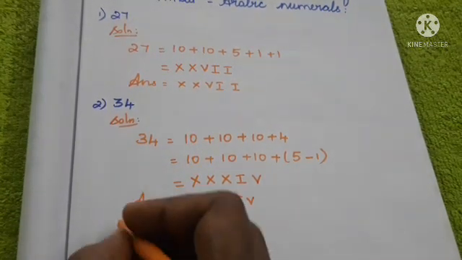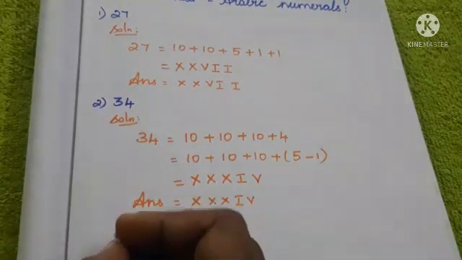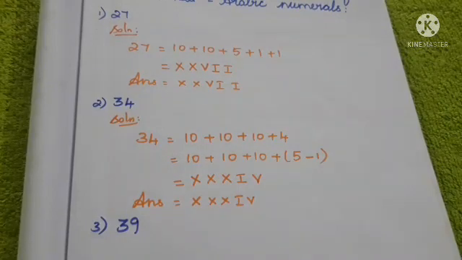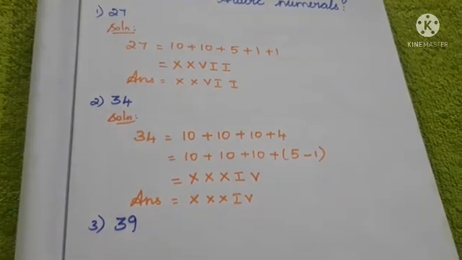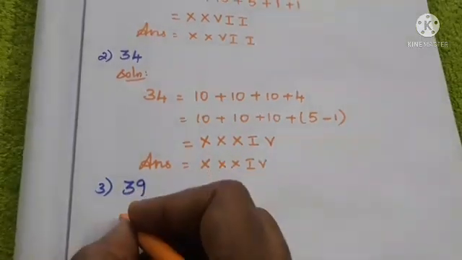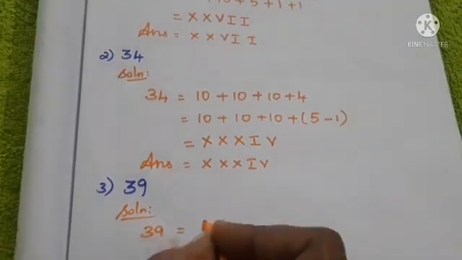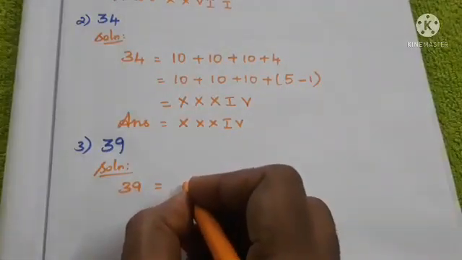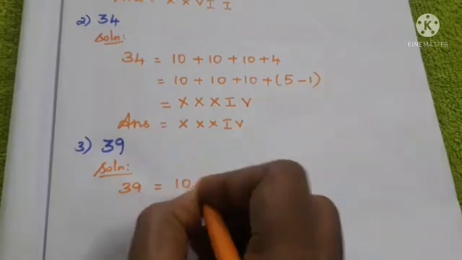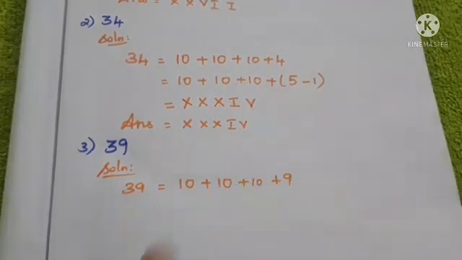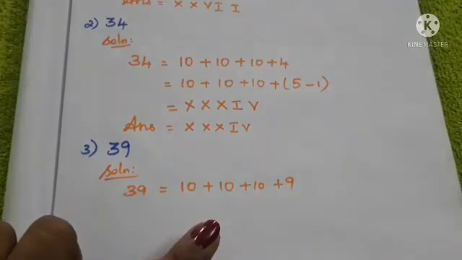Okay, the next question, third problem, 39. Listen, to write the 39, first write the solution, and write the question as it is. 39 is equal to, we can split the 39 as 10 plus 10 plus 10 plus 9.